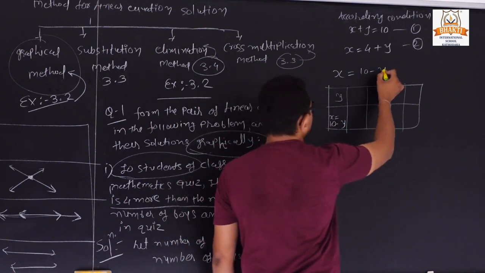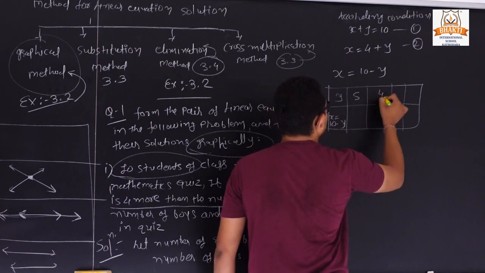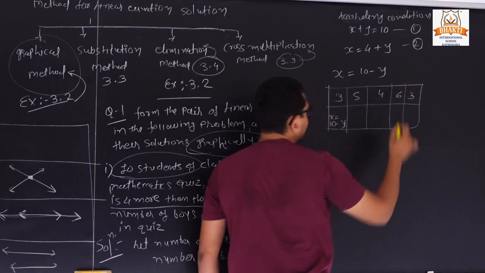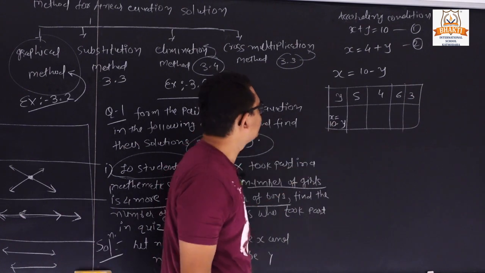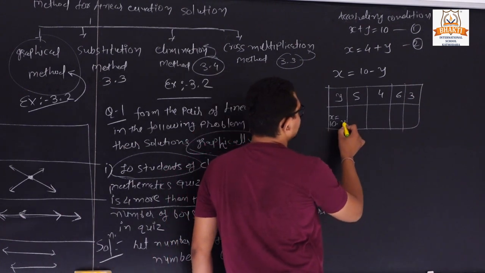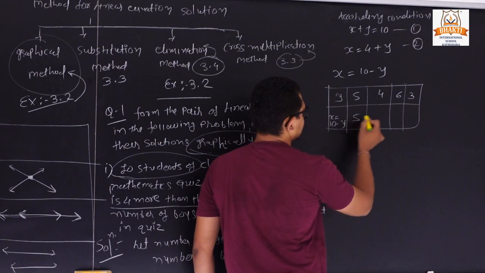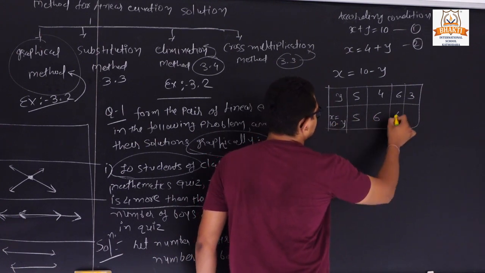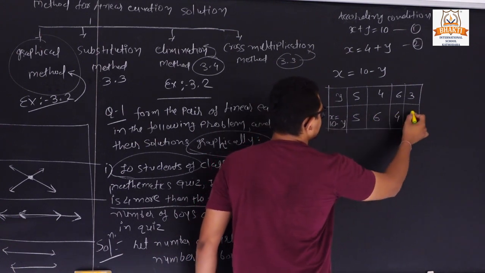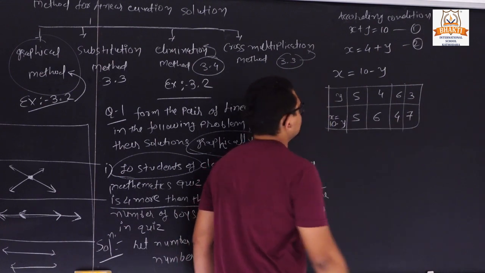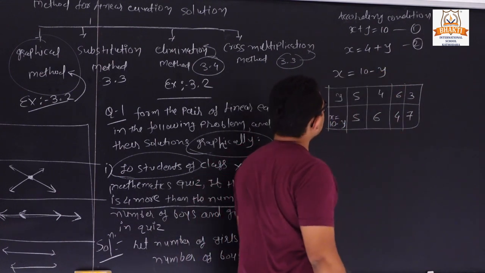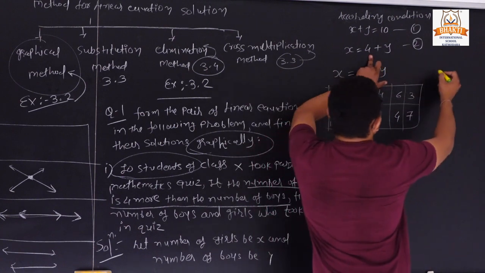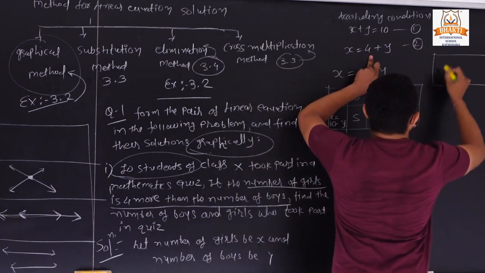First of all I am taking 5, 4, 6, 3, we can take any digits. So 10 minus 5 is 5, then 10 minus 4 is 6, 10 minus 6 is 4, 10 minus 3 is 7. Similarly we can also find it for our second equation, here I am also writing that.